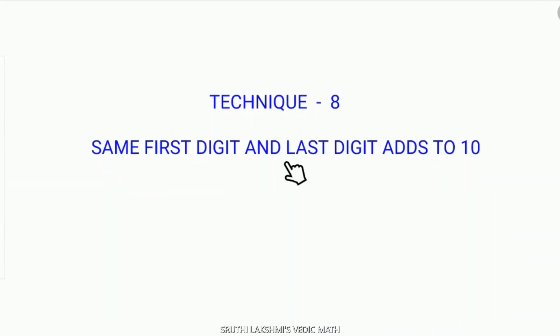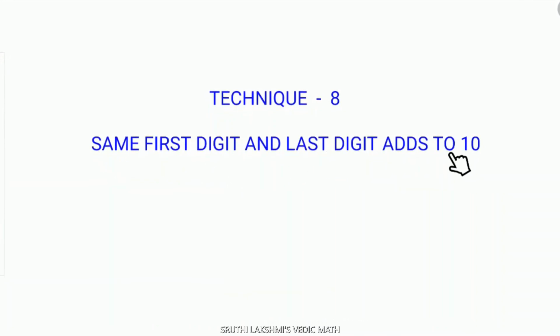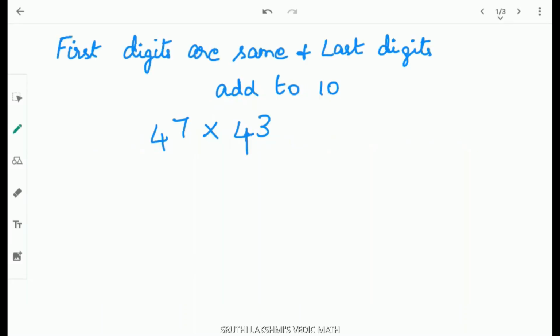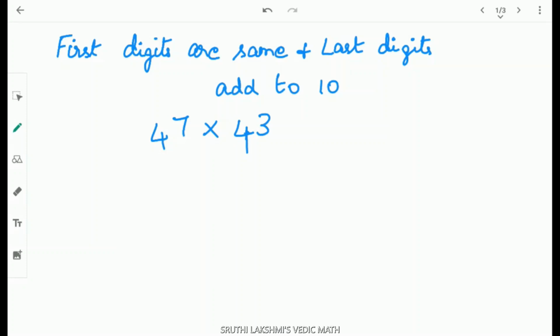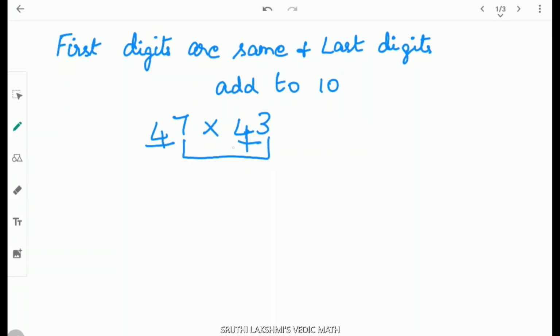Now let's see the 8th technique. Same first digit and last digits add up to 10. This is almost the same as squaring numbers ending in 5. We saw this in the previous video. Let's use 47 times 43 as our example. The first digits are the same and the last digits add up to 10.